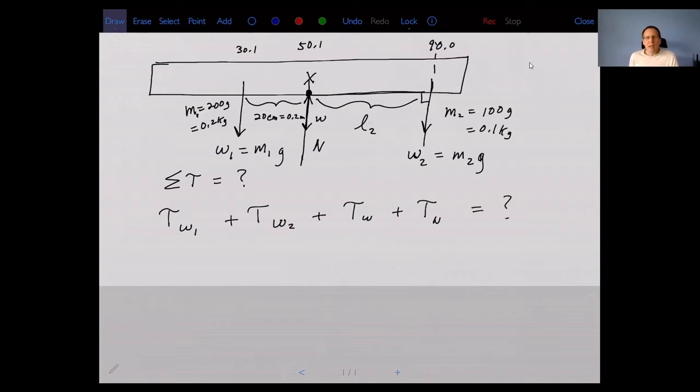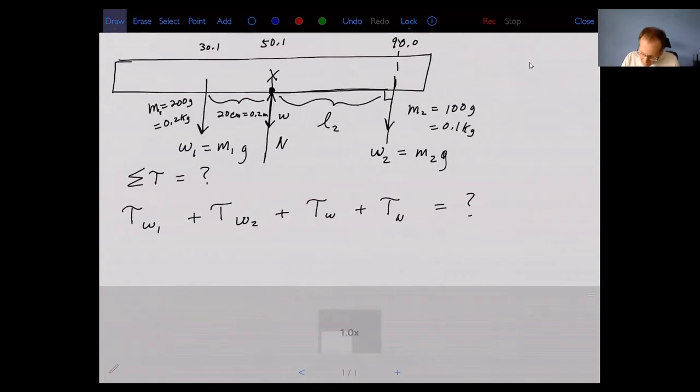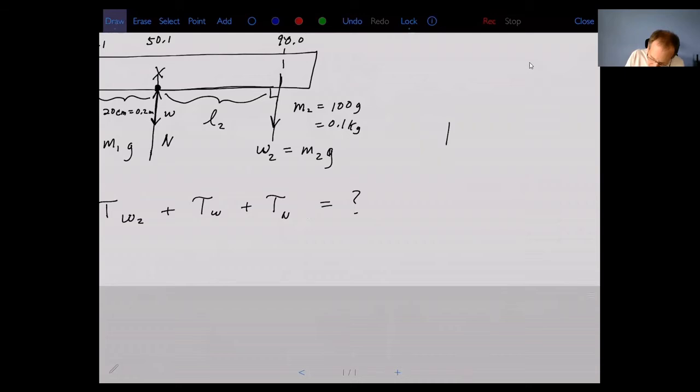Now the question is, can we simplify any of those torques right off the bat? Can we eliminate any of them? Yes, because remember, to calculate torque, it's plus or minus the force times the moment arm. We're going to need that for each of these.